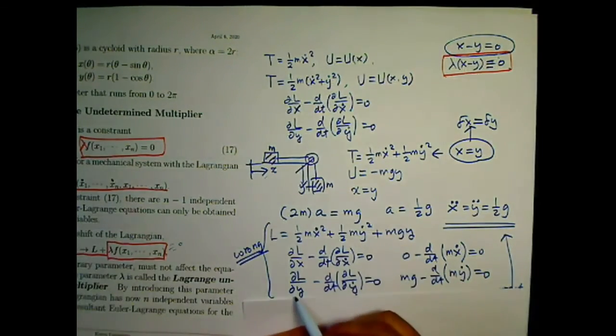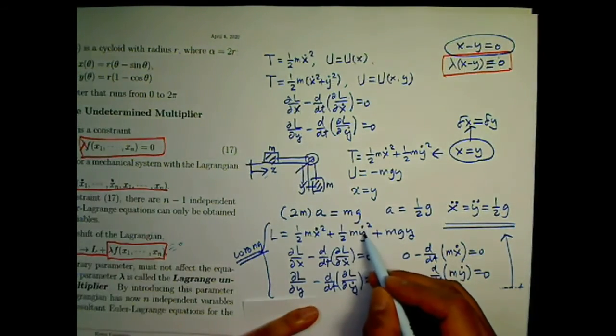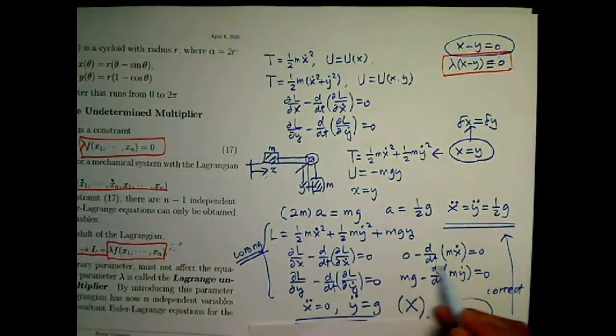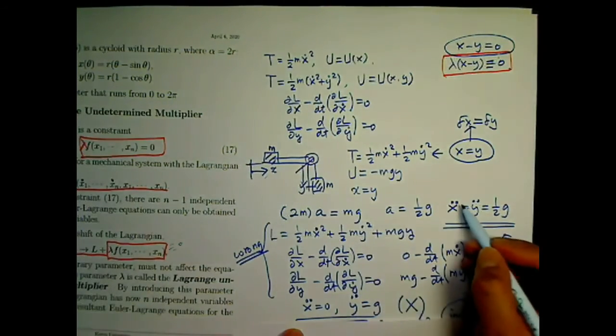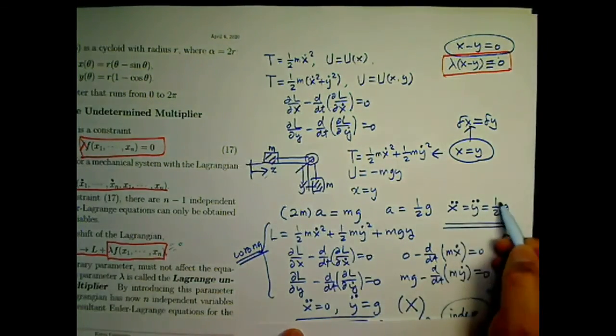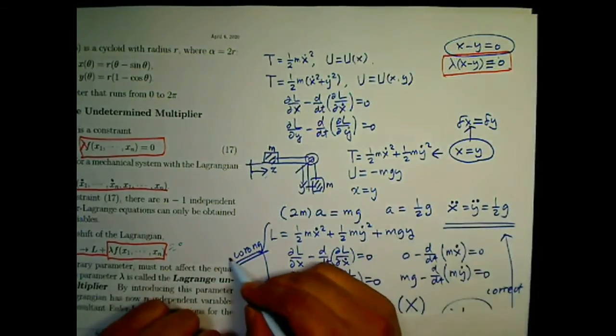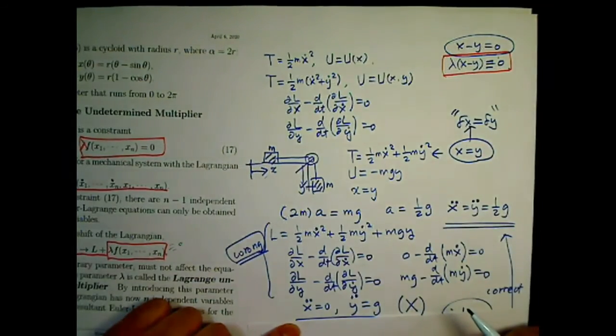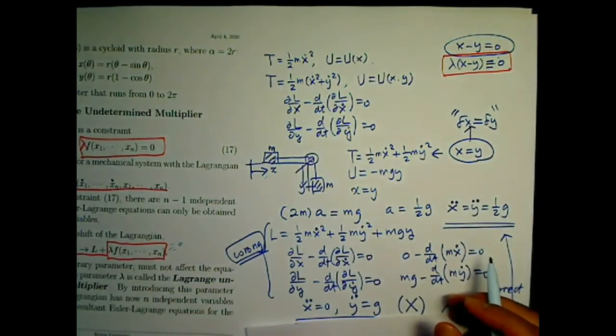We have mg from the y derivative, and the y dot derivative is m y dot, minus the time derivative. As a result, this gives x double dot equals 0 and y double dot equals g. But this is wrong. The correct answer is that x double dot and y double dot are 1/2 of g. This wrong result is obtained because we did not include the fact that delta x and delta y are the same.